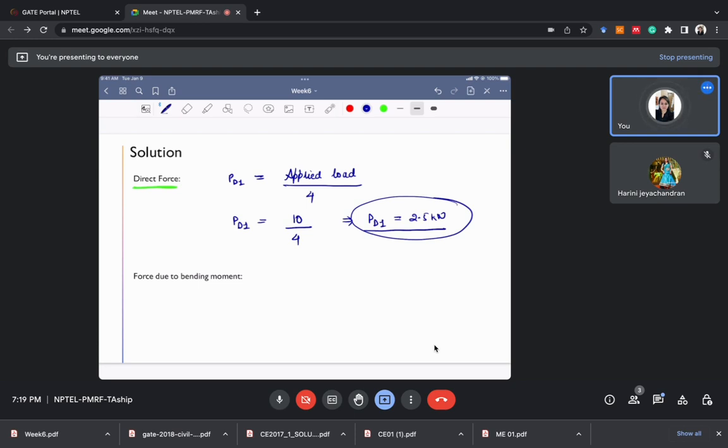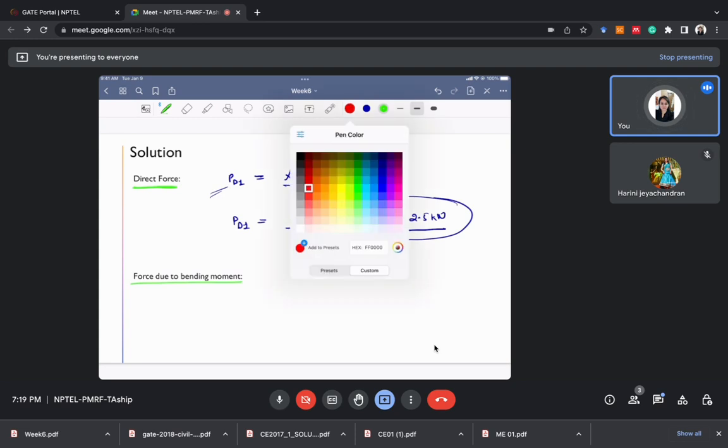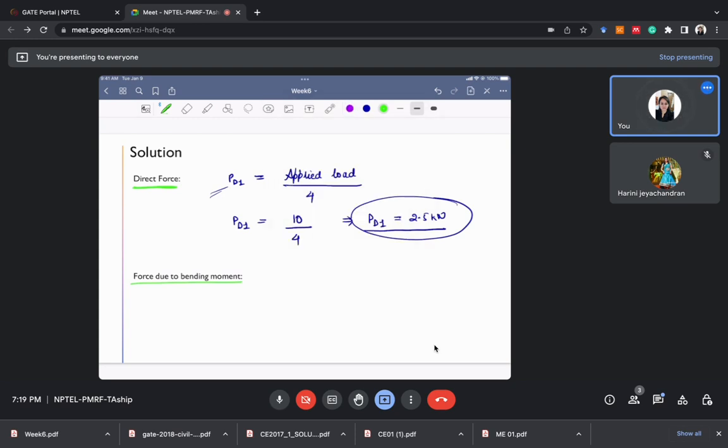The second thing, which needs some calculation, is the force due to the bending moment. So how do we calculate it? That is, PB1 we need to calculate.